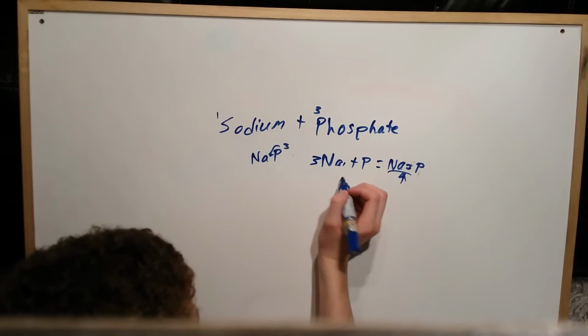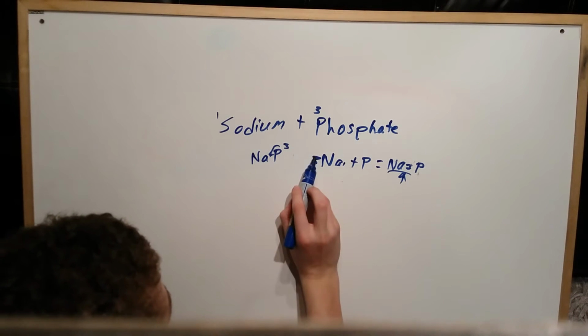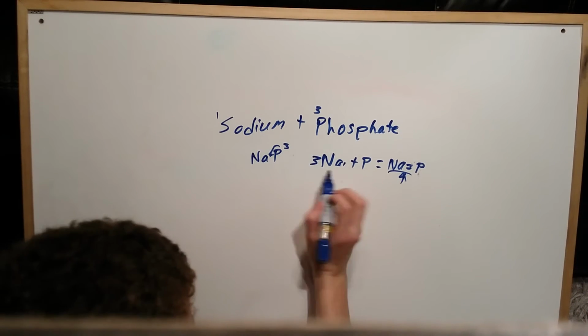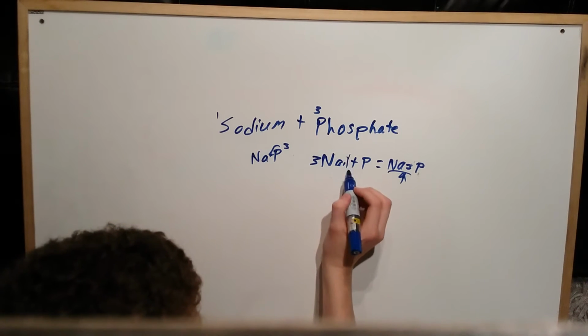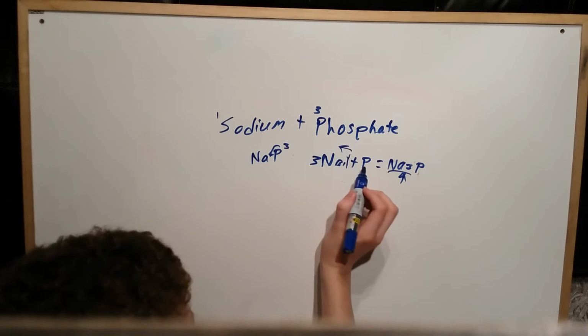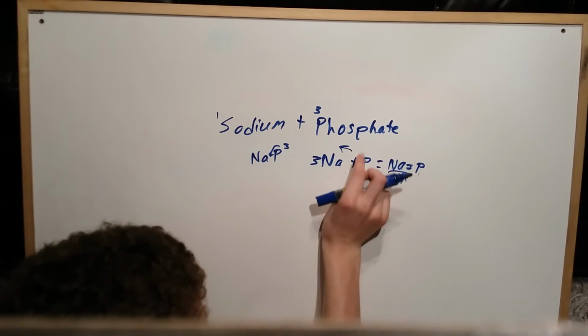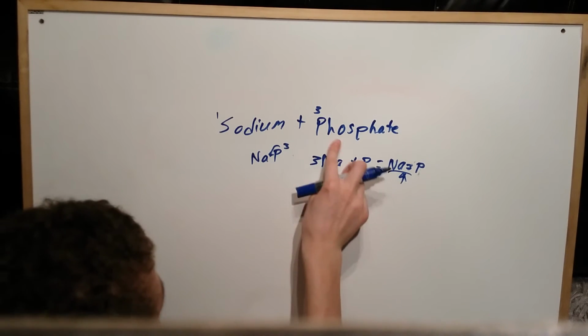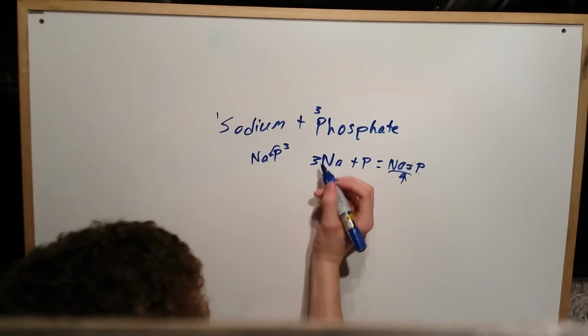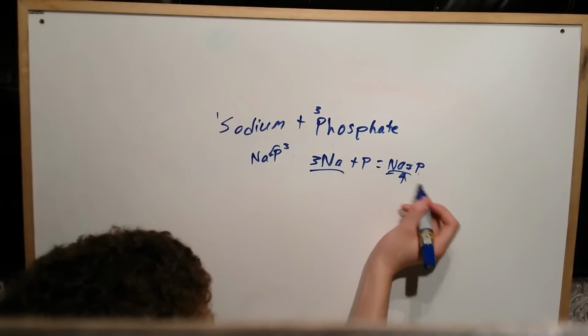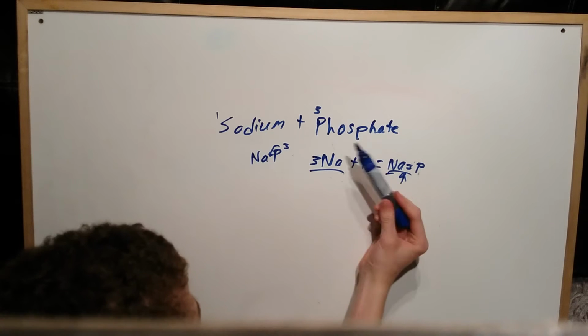So, even though its charge is only 1, we times this by 3. So anything on this side of this plus sign is just times by 3. So we just times sodium, by itself of course, by 3, which means it's 3 on this side, 3 on this side. And then we're going to check phosphate.